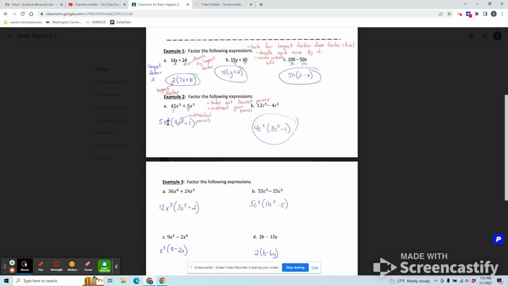We took out a 5x squared. We divided everything by 5 already, but we didn't divide these by x squared. When you do that, you subtract your powers. So 5 minus 2 is 3. 2 minus 2 is 0.